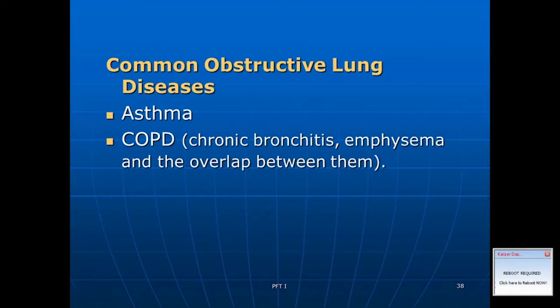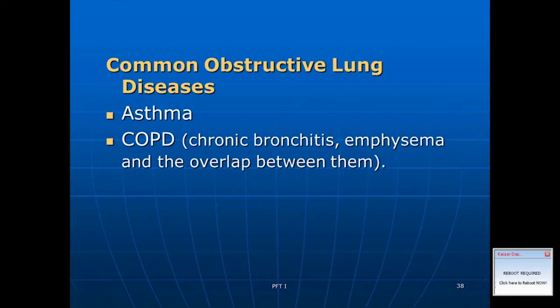Common obstructive lung diseases are chronic obstructive pulmonary diseases: chronic bronchitis versus emphysema. Usually there's an overlap between these two. COPD is on a continuum. One extreme is chronic bronchitis. We often refer to these patients as blue bloaters, which means they often have a lot of bronchitis and a lot of mucus production.